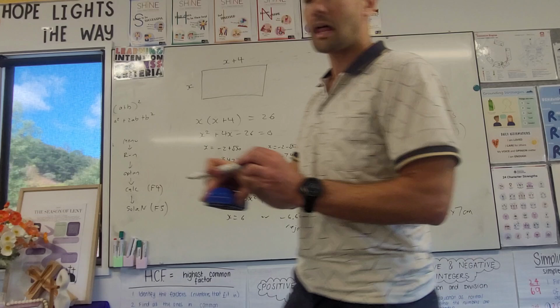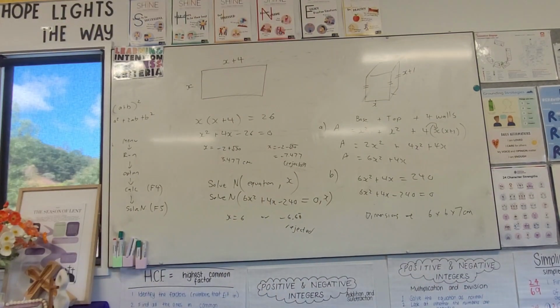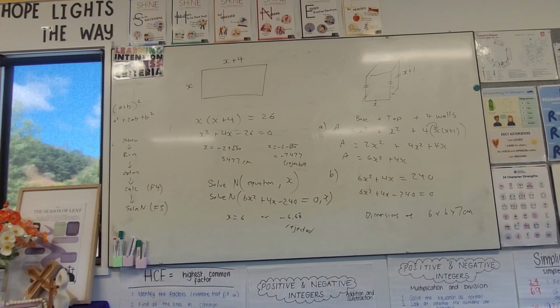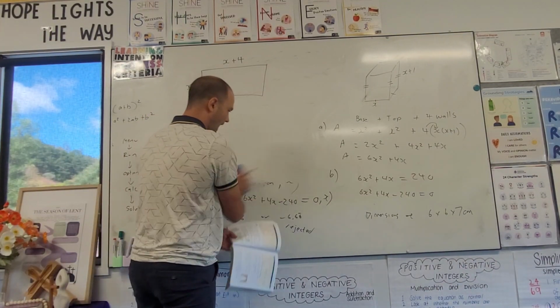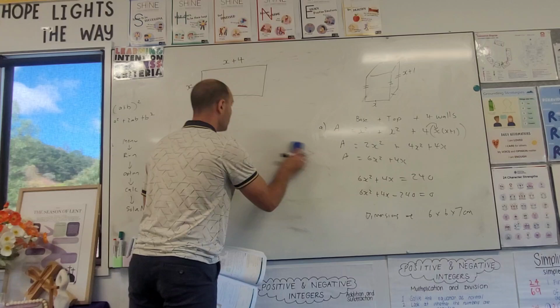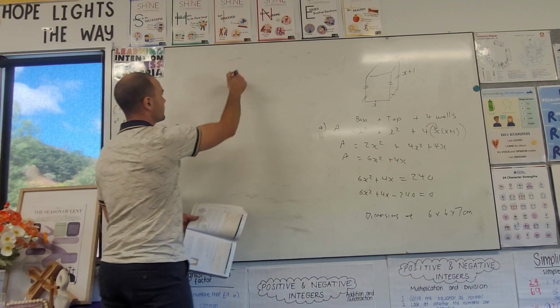Excellent. All right, last one, and then we'll stop and we'll retry these 1 to 7 questions for homework. We have an open box, can hold 80 centimeters cubed. So it looks like this.